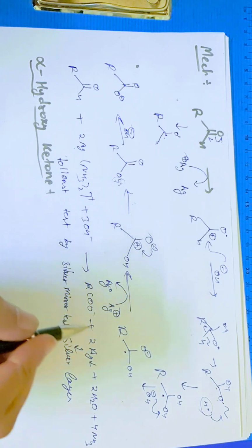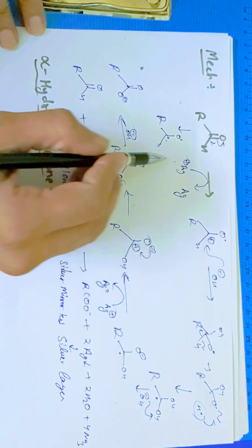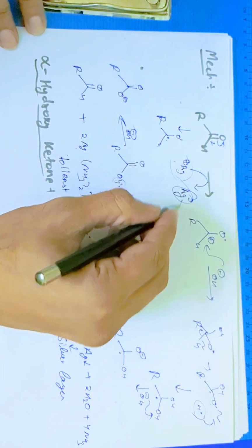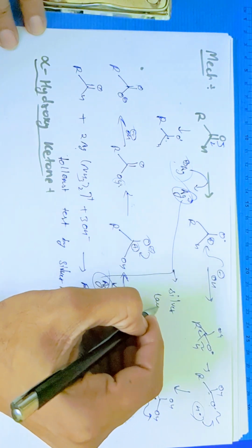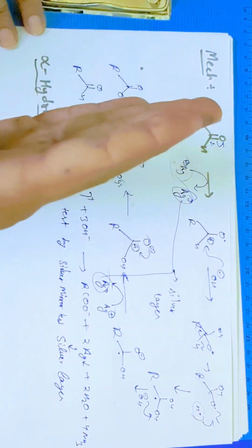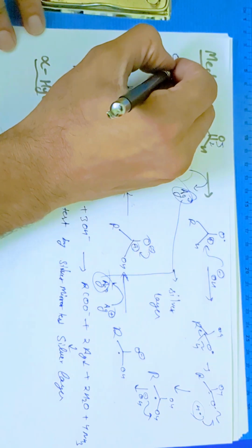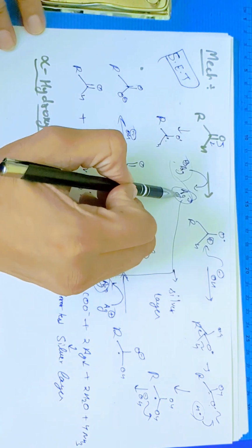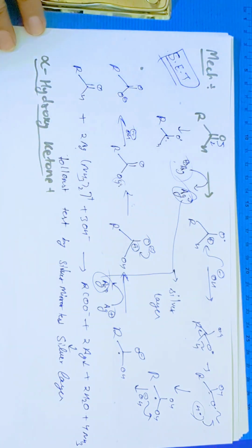From here you can see 2 moles of Ag positive converted into Ag0, and now this Ag0 will show us a silver layer. So we get the information that this aldehyde gives a positive Tollens test, and this mechanism is known as single electron transfer, because there is a single electron transfer to Ag positive converting it into Ag0.